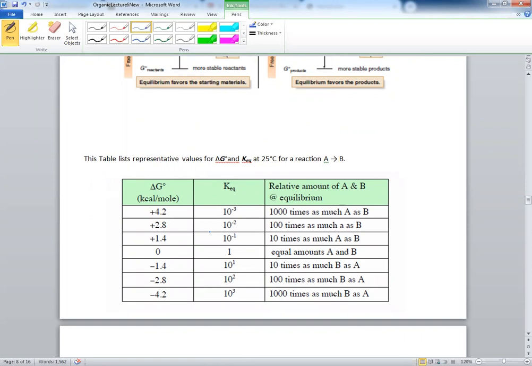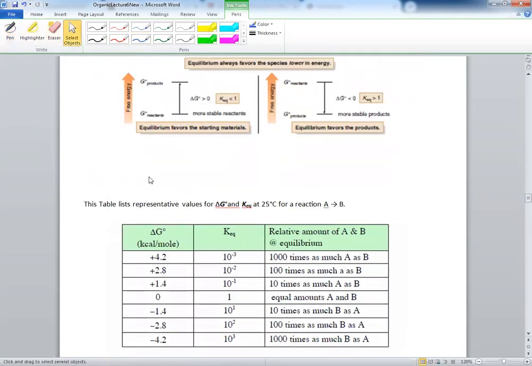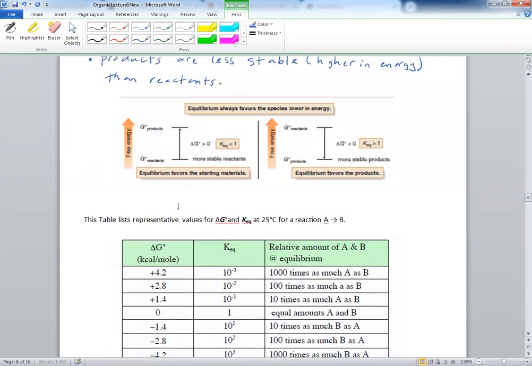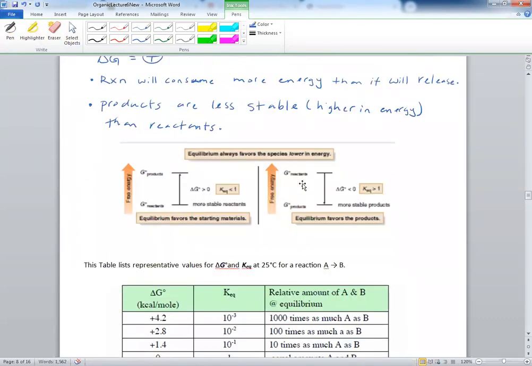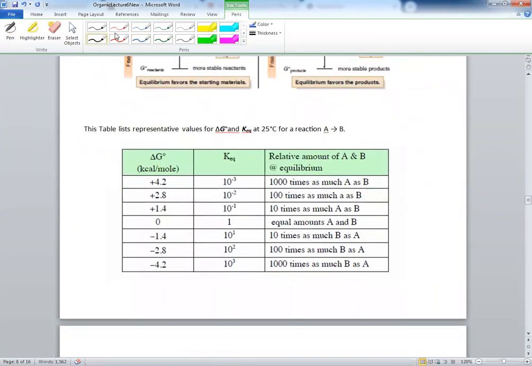So if you look here at this table, and let me just bring it up a little bit. Again, go back and see what we talked about. And of course, this table gives you representative values for delta G and KQ at 25 degrees. You might say, okay, what's the difference between one number or one whole number? The difference is huge.